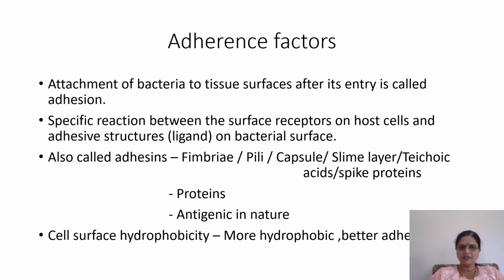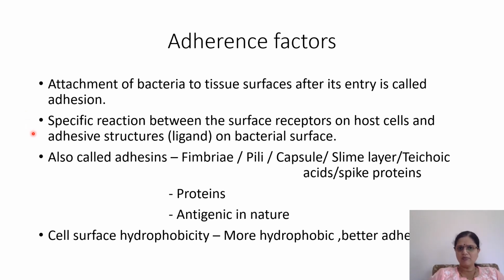The first virulence factor that we are going to see is adherence factor. Adherence or adhesion means attachment of bacteria to tissue surfaces after it enters the human body. Now, this attachment is very specific in nature. That means it does not just go and bind on any body cell.